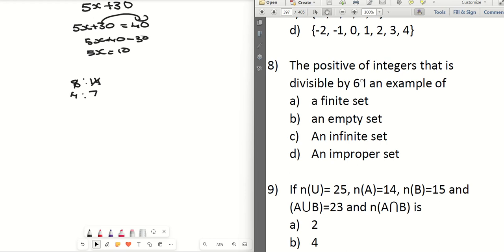Number 8, the positive integers that are divisible by 6 is an example of a finite, empty, infinite, or improper set. Now, positive integers that are divisible by 6. Are there numbers that are divisible by 6? There are.